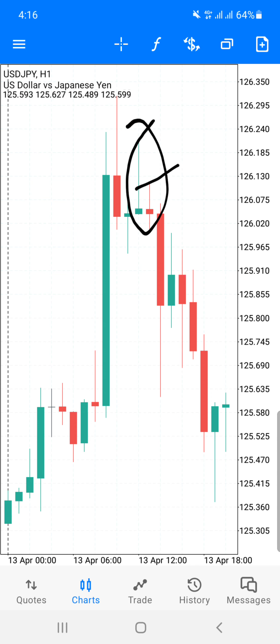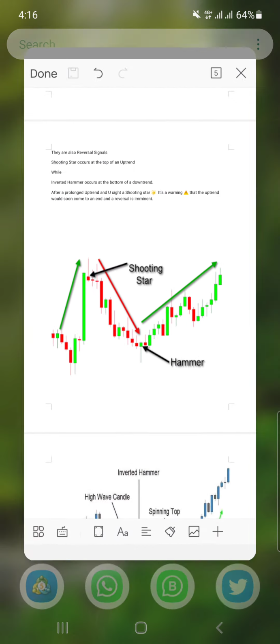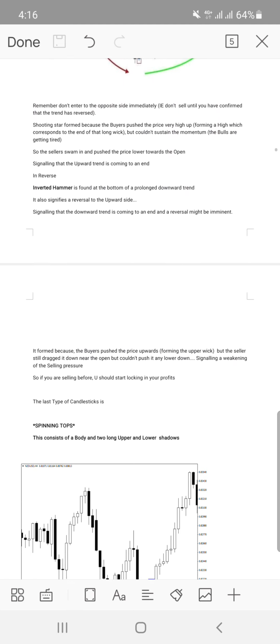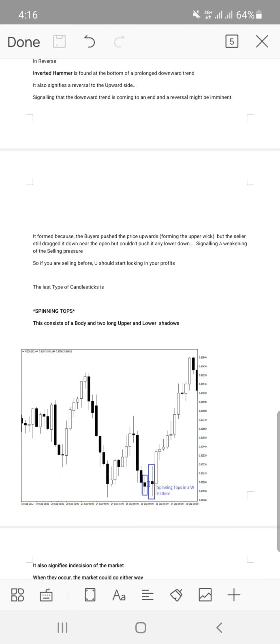Sorry, yeah, this one. And before you know it, the market went down. So you see that in some instances, people that trade using the shooting star as a signal will make money to some extent, but it doesn't work in every instance. So I think that's all for shooting star and inverted hammer. Let's go to the next pattern.